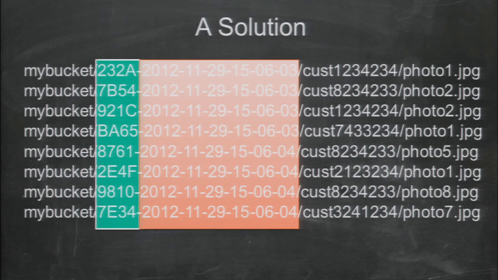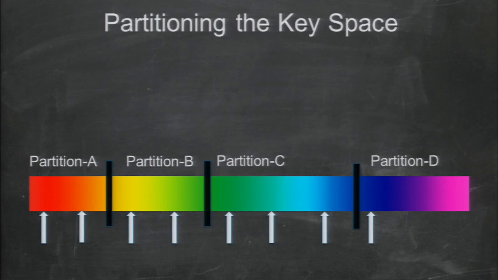This allows us to insert the keys with more entropy into the space. So let's go back and look at our partition space. Now, when you're inserting, instead of having just the capacity to put into partition D, we can put into partitions A through D. For this particular customer, they've essentially quadrupled their capacity to put data into S3, the number of requests per second that it'll support.